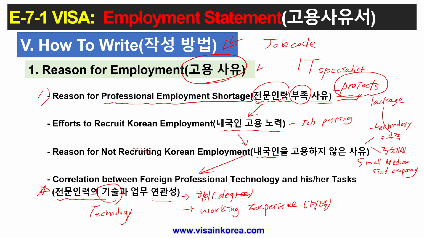The first one is we need a specialist in the IT and have 3 years of working experience, for example. But we found that some of the Koreans lack the technologies and working experience like that, and also they don't like a small medium sized company like us.